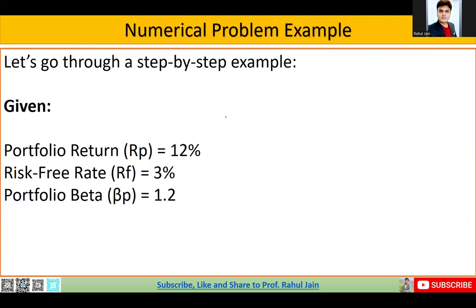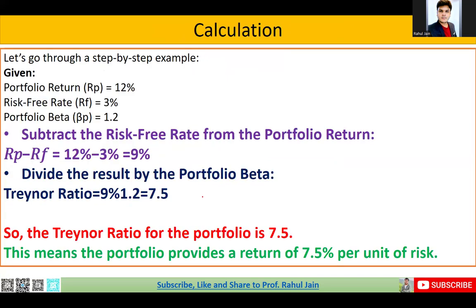Let's go through a step by step numerical example so that your understanding will be better. If the portfolio return is 12%, the risk-free rate is 3%, and the portfolio's beta is 1.2, then using the Treynor ratio, we can calculate what risk versus reward we are getting.